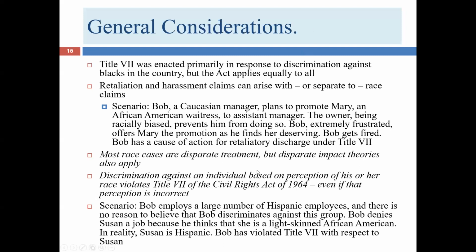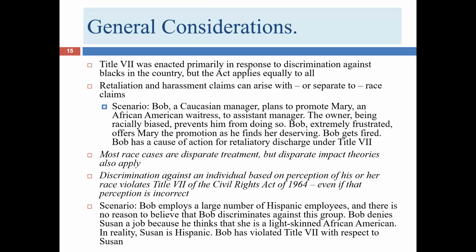Discrimination against an individual because of the perception of his or her race is a violation, even if the perception is incorrect. So let's imagine that there were an individual from the Middle East who had relatively dark skin and dark hair. That person might be mistaken for somebody who has African American ancestry, and so they might be subject to discrimination as a result of that.